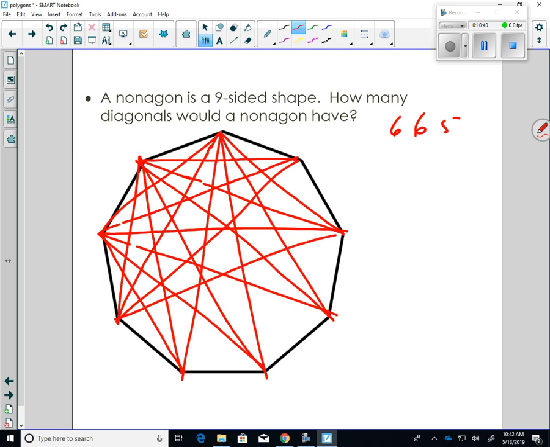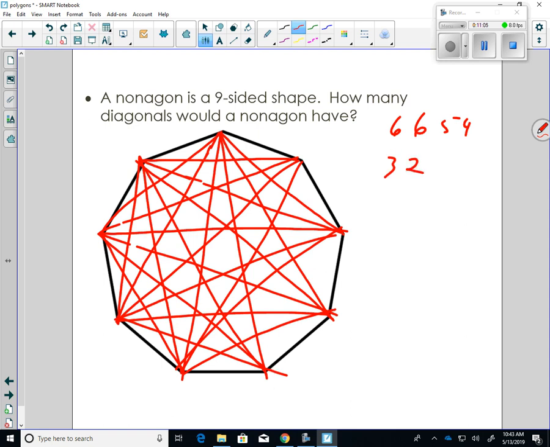1, 2, 3, 4. From this one, I've got 3, so I need 3 more. 1, 2, 3. From this one, I've already got 4, so I need 2 more. Did I put the 2 there? I did.